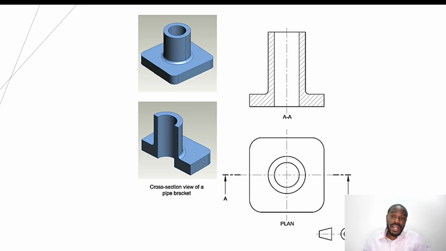We usually use hatched lines to represent the faces of your section view that have been cut.